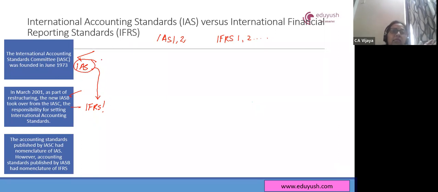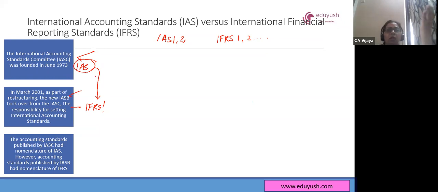And then the earlier IAS was removed. So on one topic, you will notice that we have an accounting standard with either IAS or IFRS. You will not have on one topic both an IAS and an IFRS simultaneously, unless it is a transition phase where we are shifting from one accounting standard to the other. At that time, for a few months, you may have both IAS and IFRS on a particular topic, but that is only for a limited period of time.